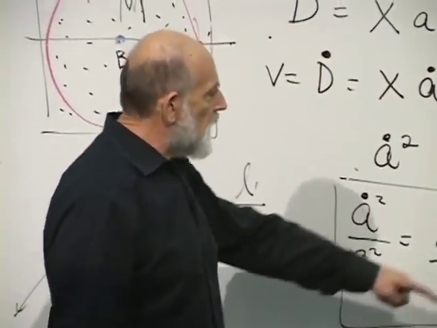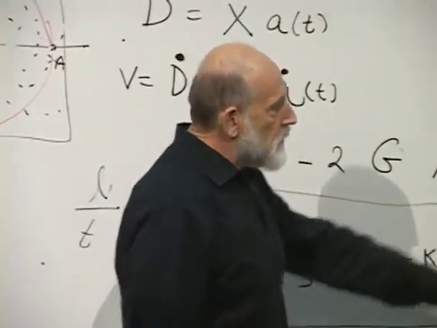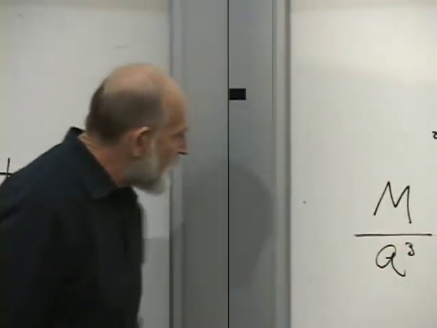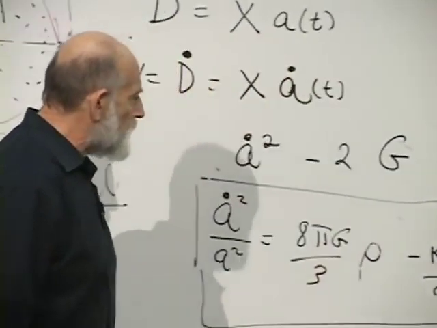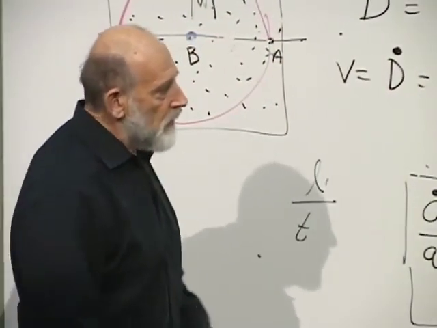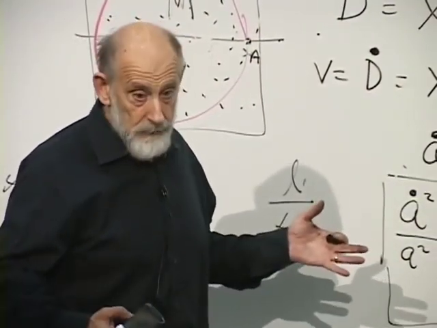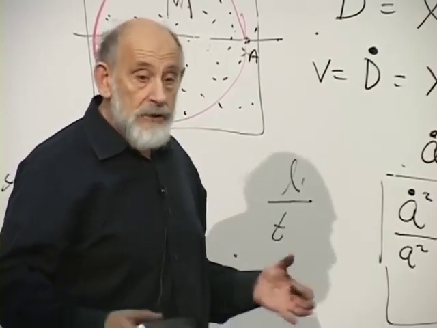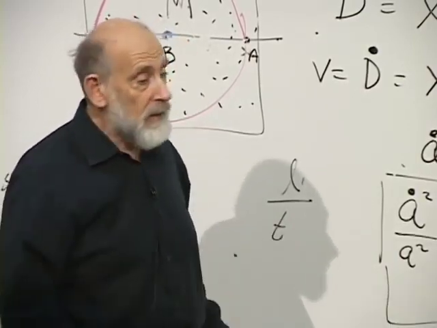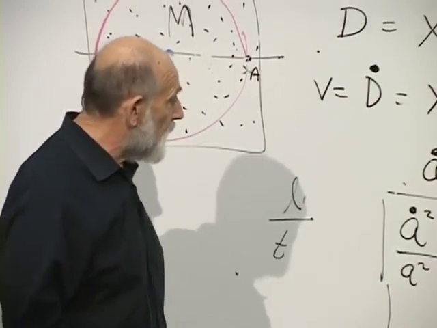Before settling on K, let's plug into this equation rho equals m over a cubed, where m is just a parameter. It's a parameter that has to be determined by observation, if you like.